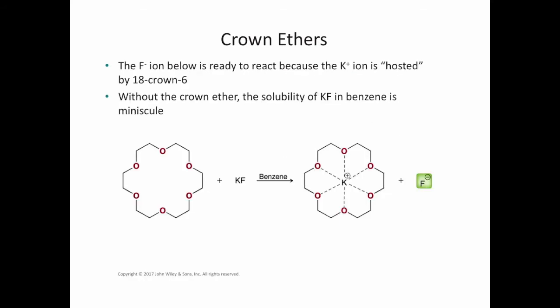So for example, if you have potassium fluoride, the potassium ion can interact and be attracted and stabilized by the crown ether, and then because of that, it will be soluble in benzene. Without the crown ether, potassium fluoride is not very soluble.